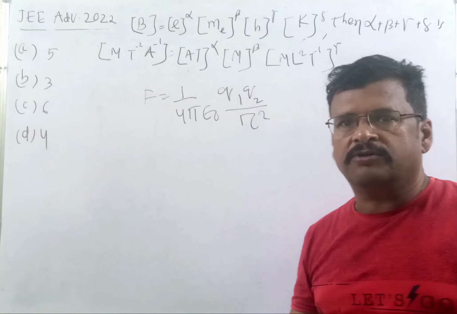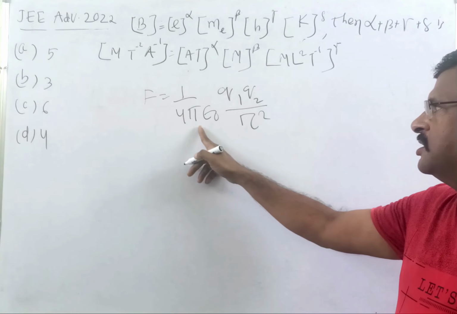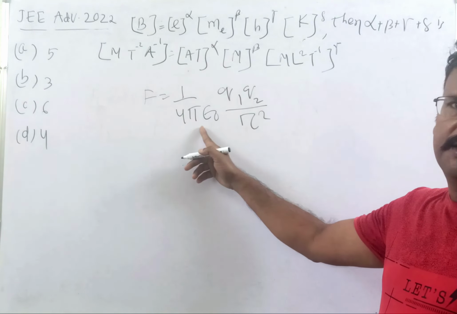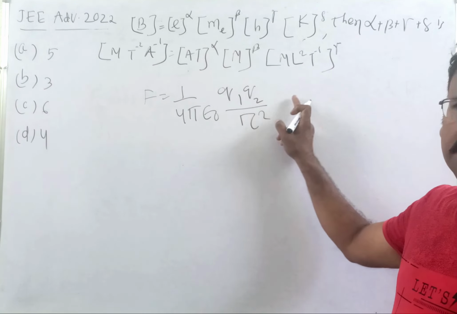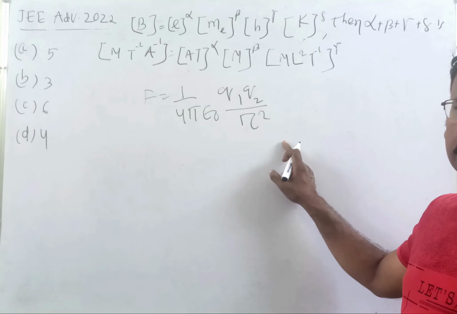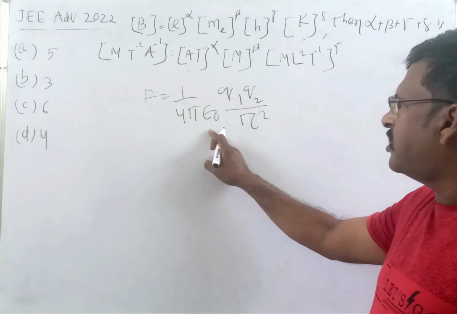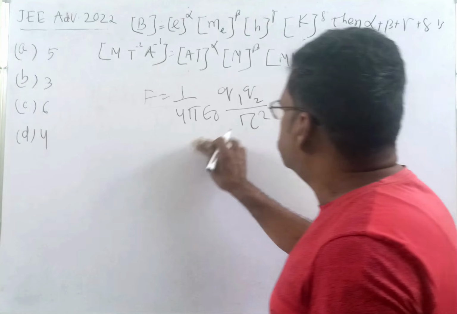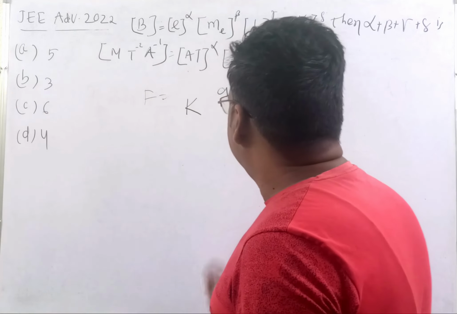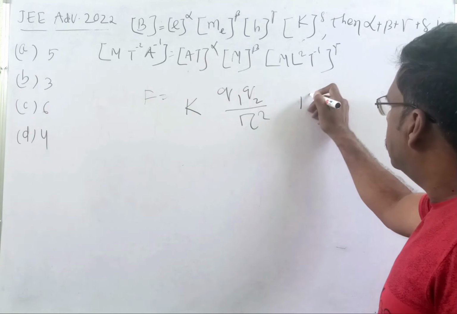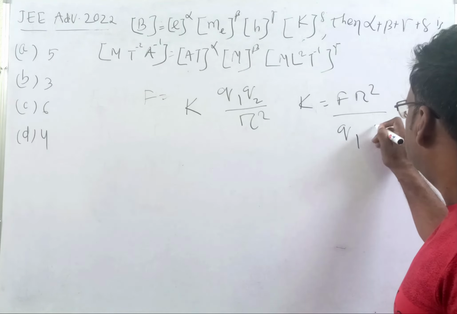We know the electrostatic force of attraction and repulsion is this 1 by 4 pi epsilon 0 times the product of the charges upon the square of the distance between them. Okay, students? Then this 1 by 4 pi epsilon 0 is called k, or the dielectric constant. Then what will be k? k will be equal to F r square upon Q1 Q2.